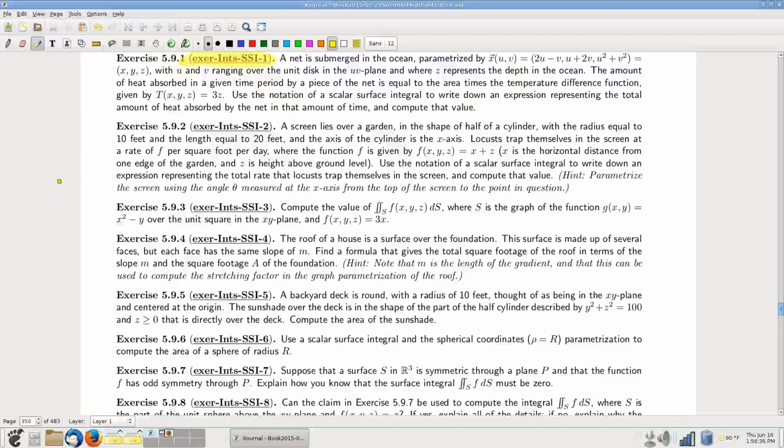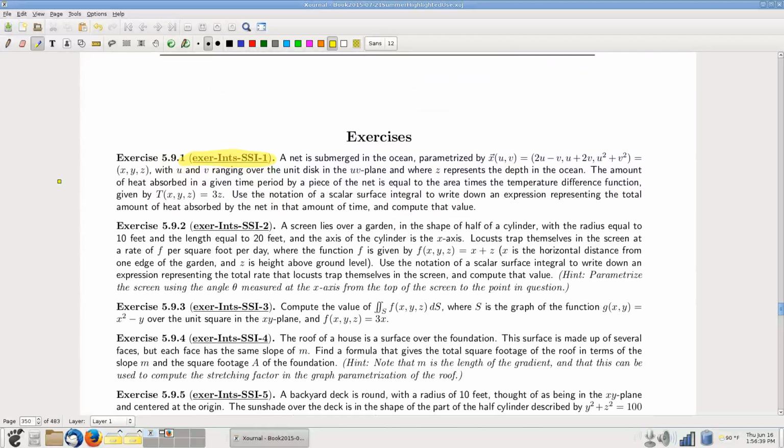Okay, so here's the big idea to start off with. They tell us right here that the heat absorbed in a given time by a piece of the net, which I'm going to call dH, is the area of that piece, which we usually call dS, times the temperature difference function, which is given by that formula 3z.